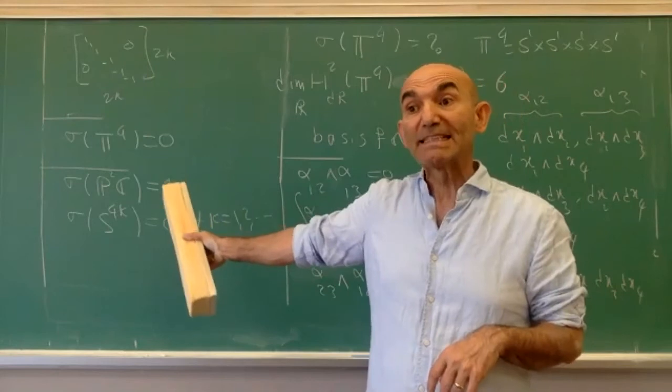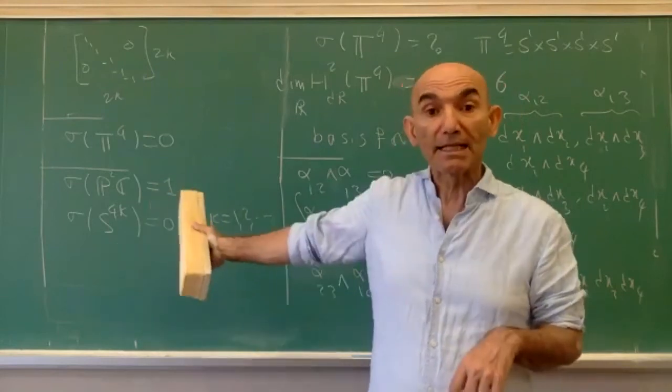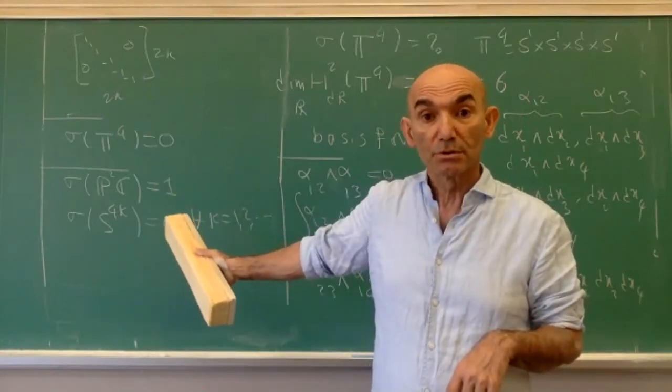Okay, so now we saw that Euler characteristic is the index of an operator. The question is, is the signature an index of an operator as well?